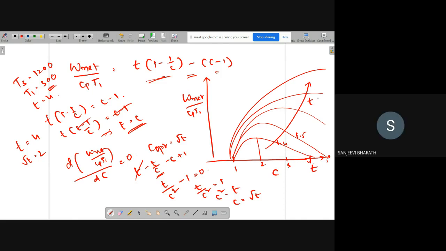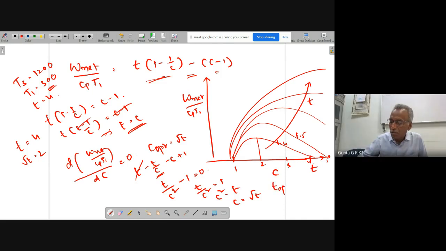Yes, sir. So C optimum moves towards the right as T increases, and C maximum also moves more towards the right.